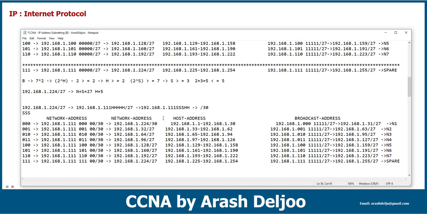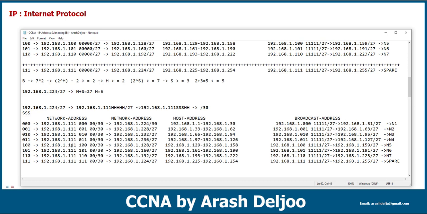The second network, look at here, 224 plus 4 equal to 228. That's it. After that, again 224 plus 8 equal to 232. So easy. After that, again 224 plus 8 plus 4, means plus 12, equal to 236.